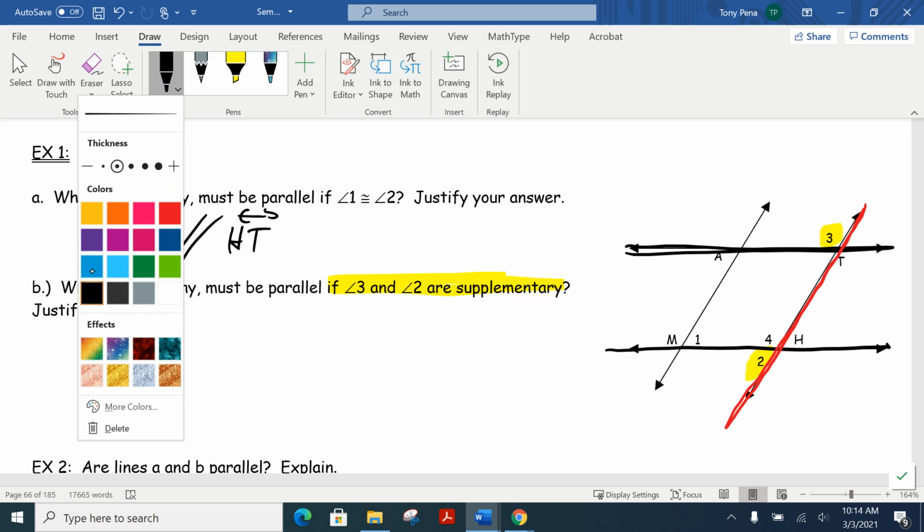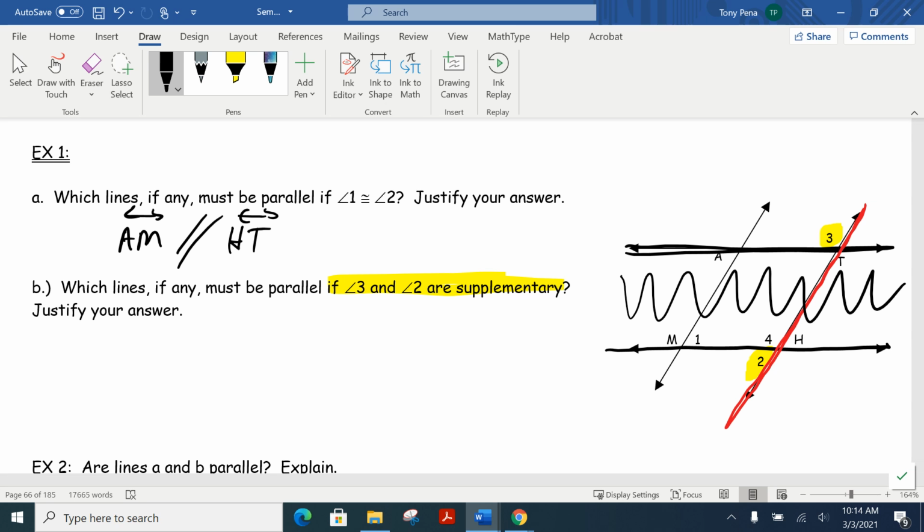Notice how, if we talk about the inside of these two possible parallel lines, 2 and 3 both lie on the exterior. They're on the same side of the transversal. So what that tells us is same side exterior angles are supplementary, and that would be if these two black lines, so this is A to T, so line AT, would have to be parallel to line MH.